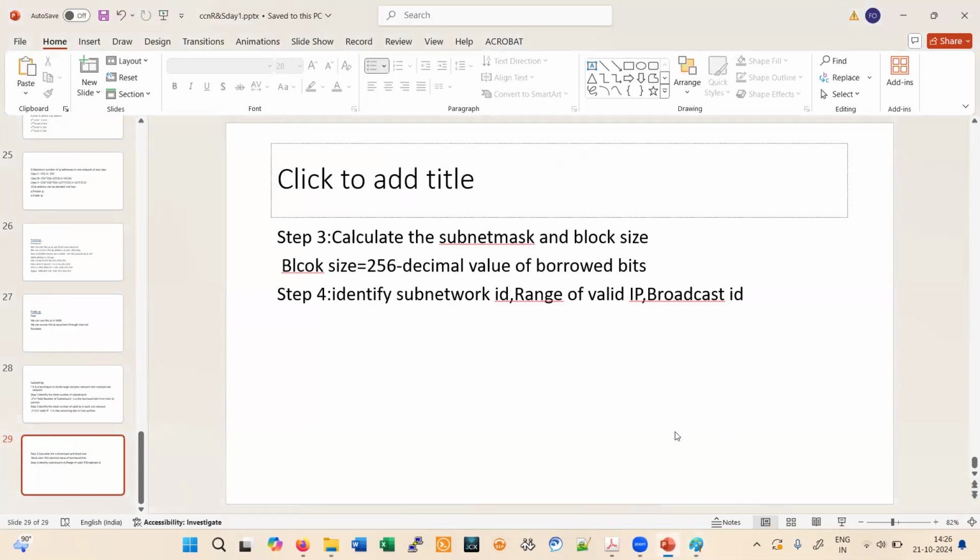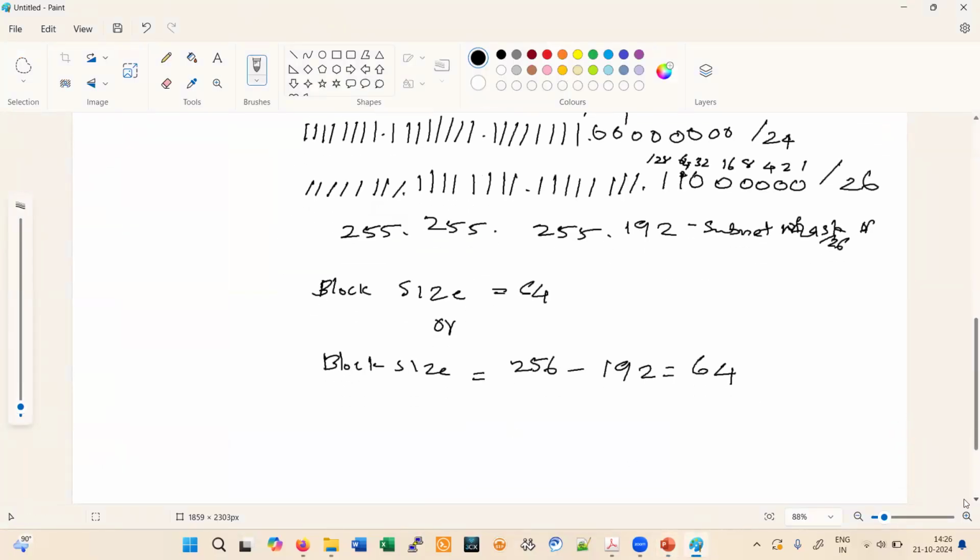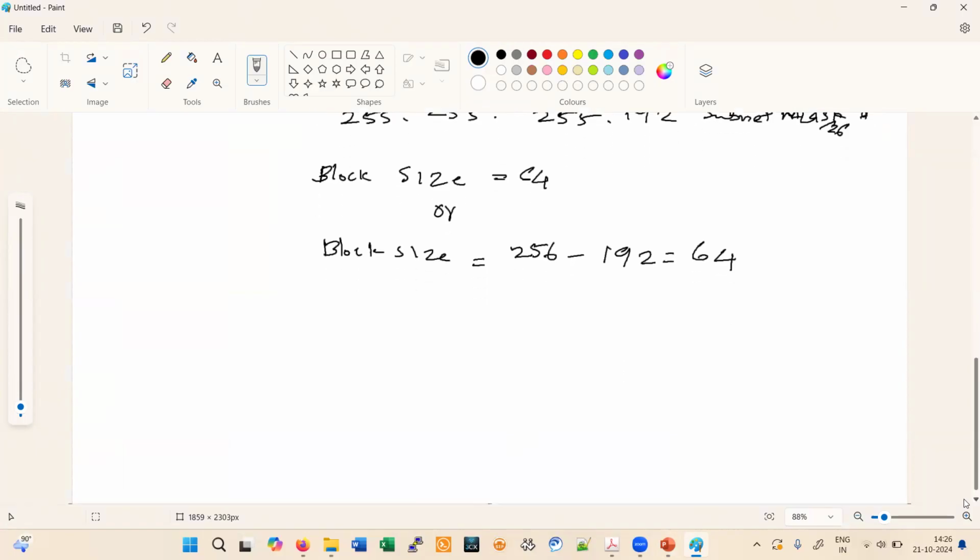And the last step is to identify the subnetwork ID, range of valid IP, and broadcast IP. So we can mention here as the first one, subnetwork ID. Second one, range of valid IP.